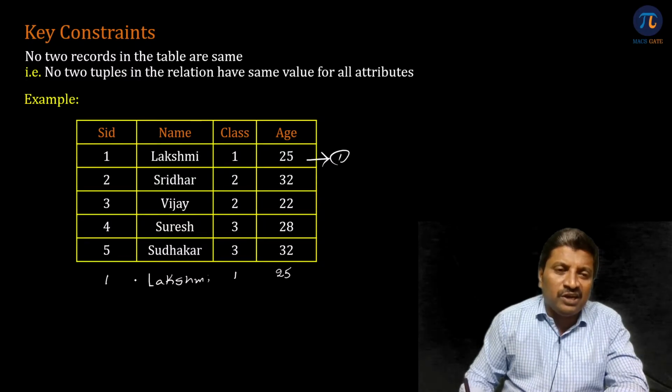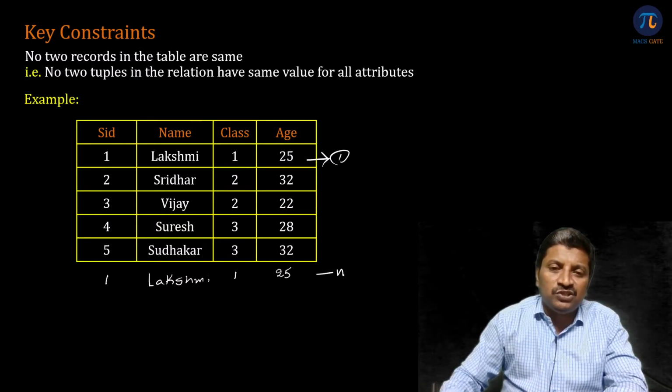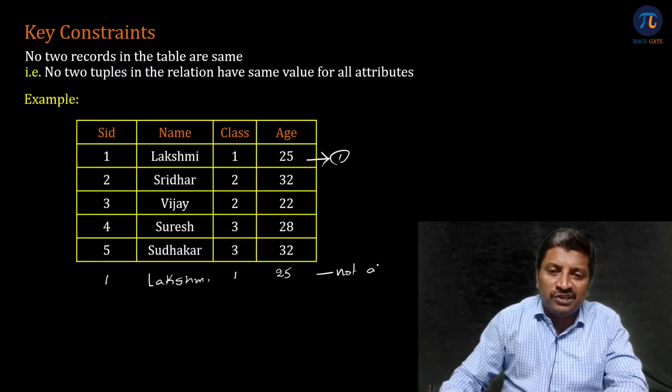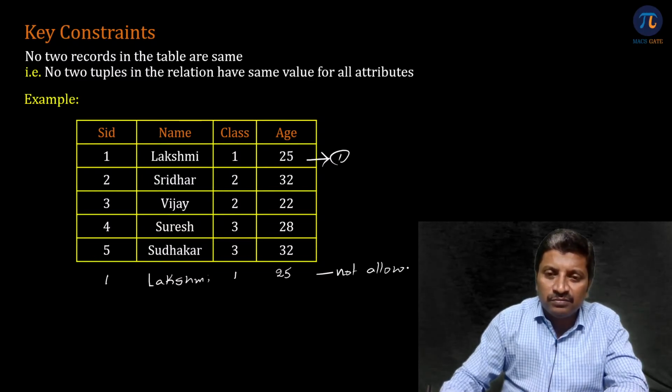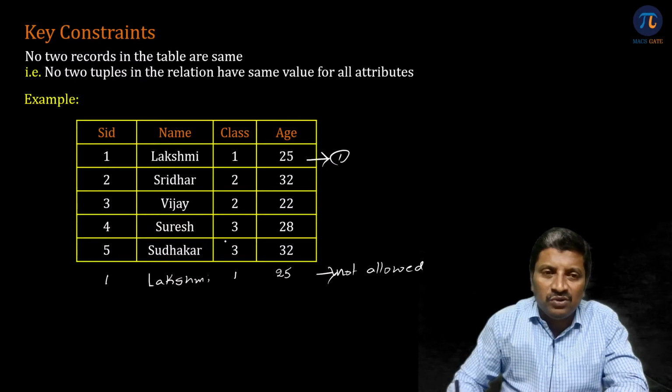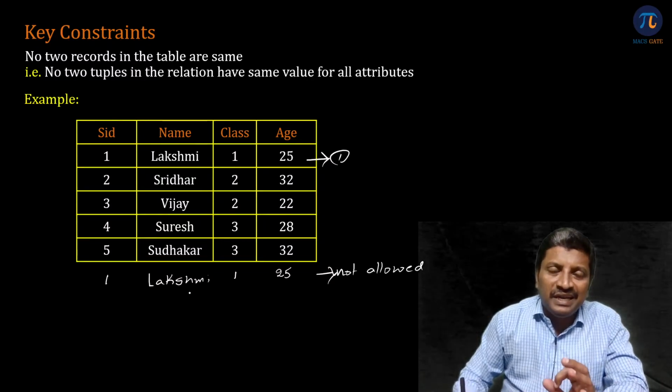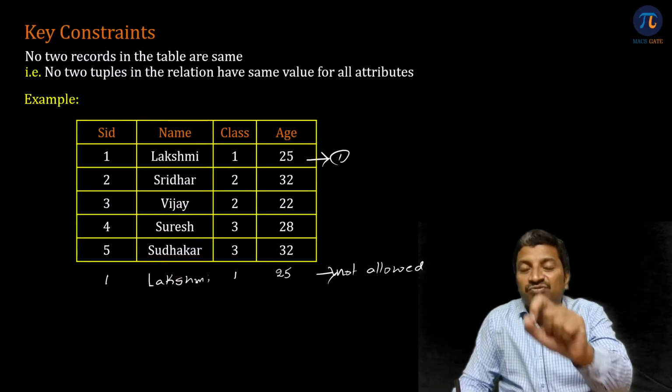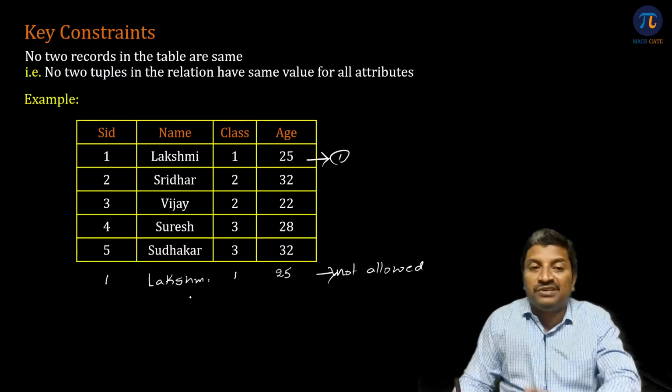Suppose you mention the ID also as 1, then this is not allowed, because the first record and the new record both have the same values for all the attributes. There should be at least one column in which they have different answers.